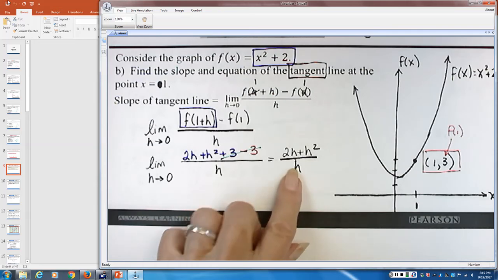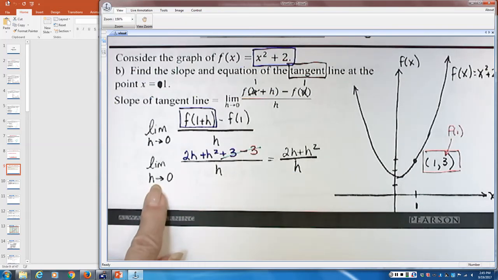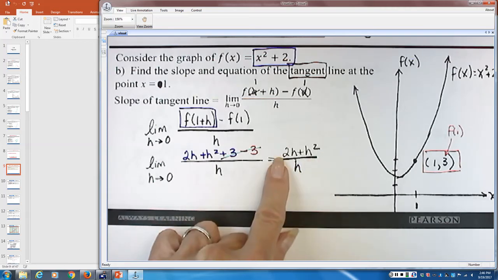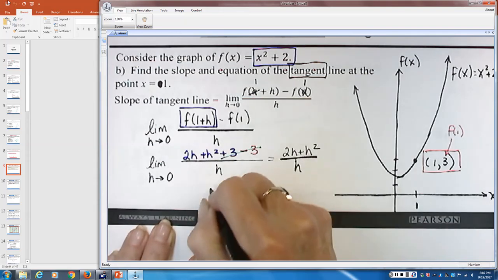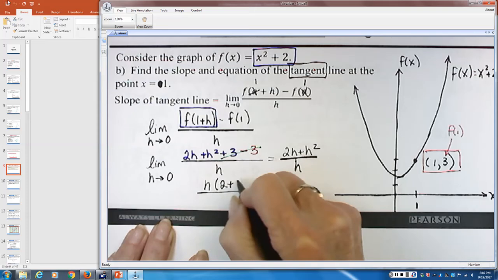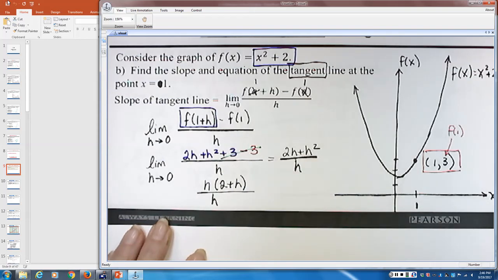And at this step, because we cannot let h be 0, what we desperately want is to get rid of that h so we don't have to deal with it. The only way we can get rid of the h in the denominator is if we can factor out an h in the numerator. So how do I need to factor my numerator? h times 2 plus h. And that's over h, so what happens to my h's?